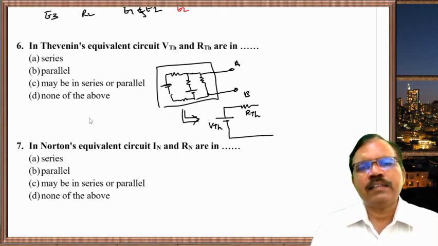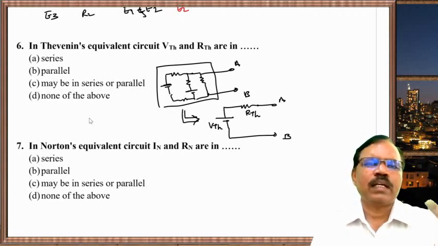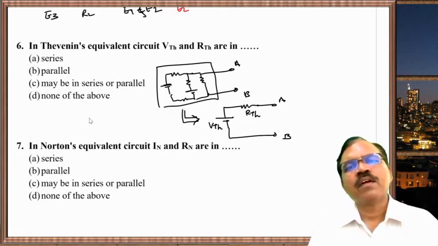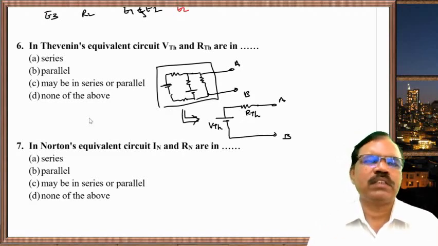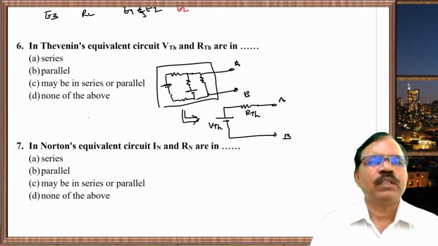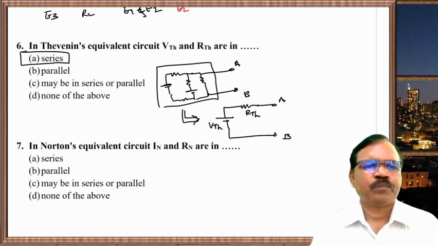They are in series across terminals AB. So you can convert that linear network into a voltage source VTH and RTH in series across the two terminals. So here VTH and RTH are in series.